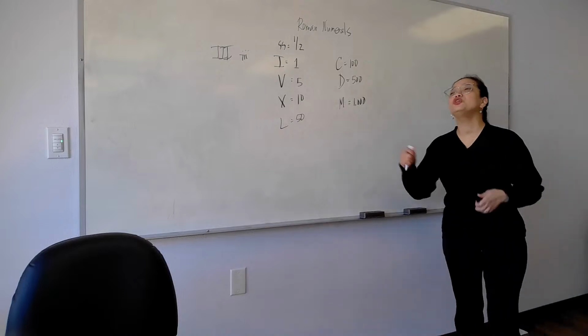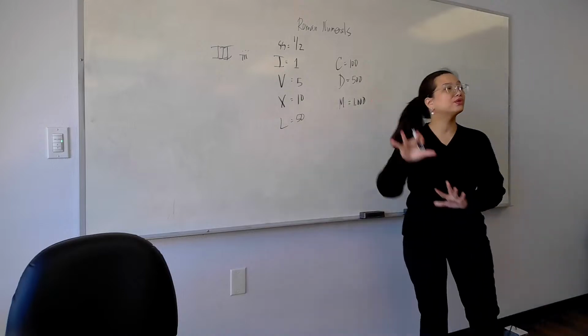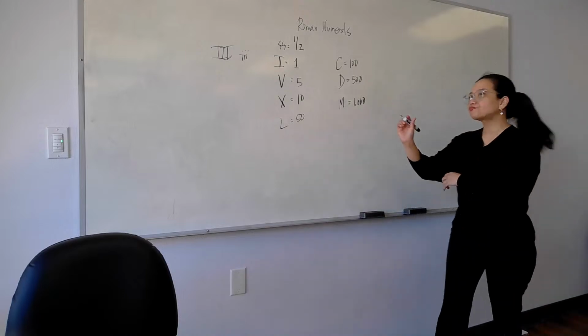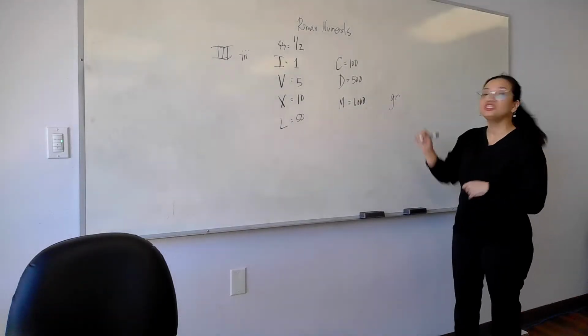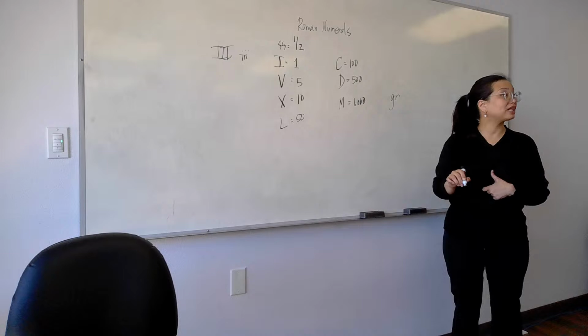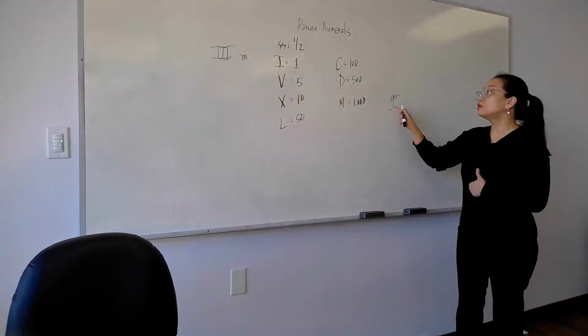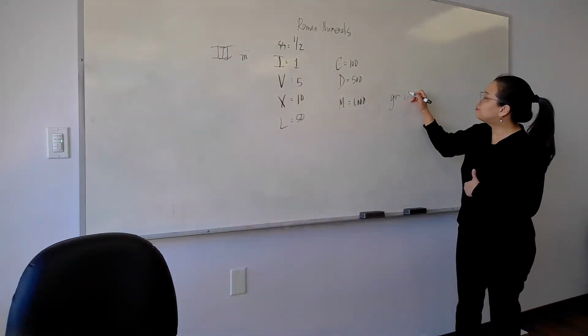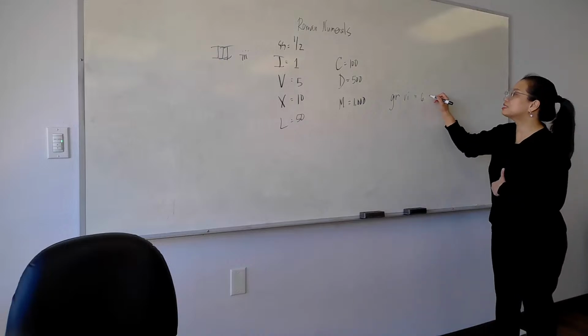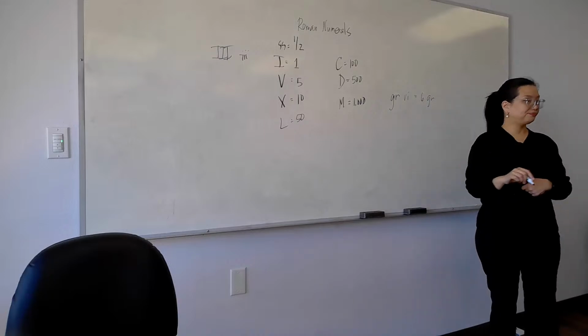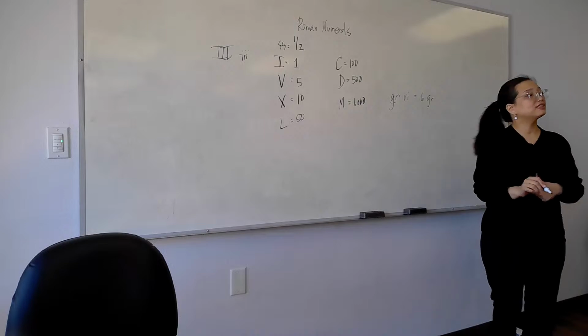Some more symbols that you may see next to a Roman numeral. Okay? So Roman numerals are usually tied with GR, which means grains. So when you see GR VI, this is equivalent to 6 grains. Okay? Grains is not the same as grams.